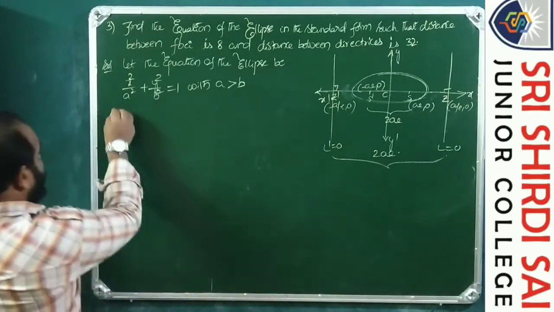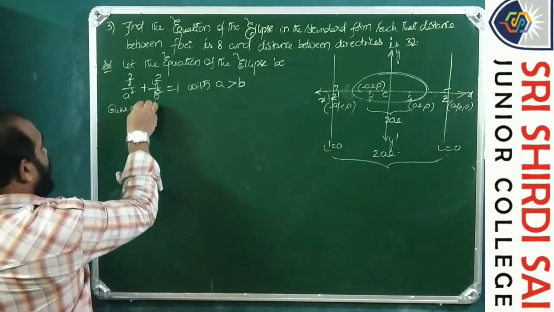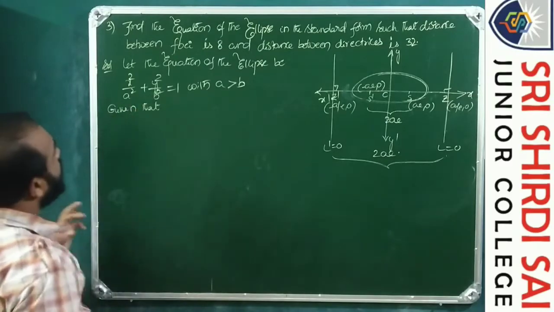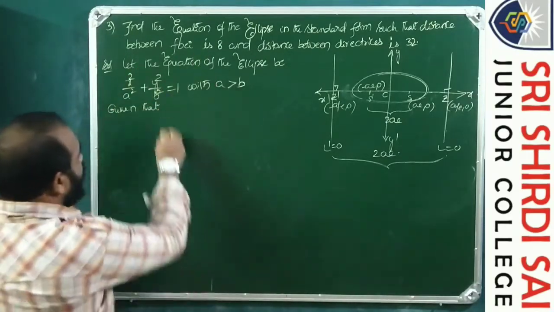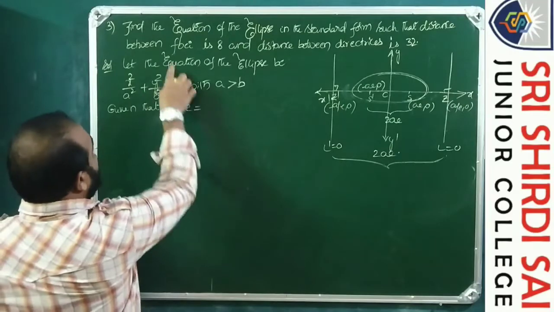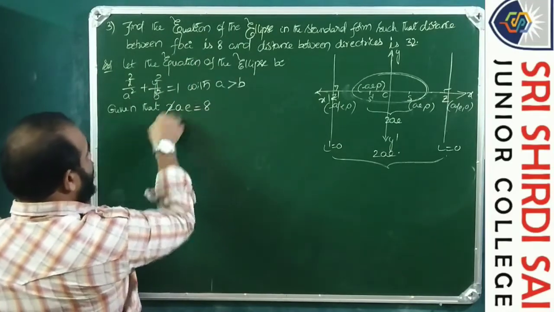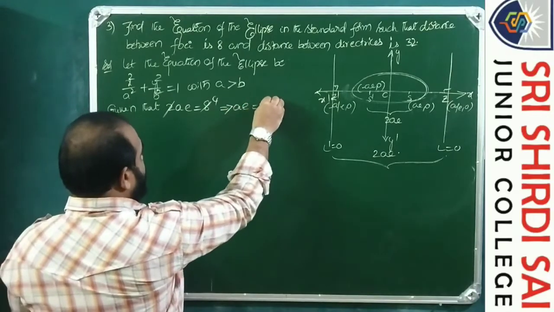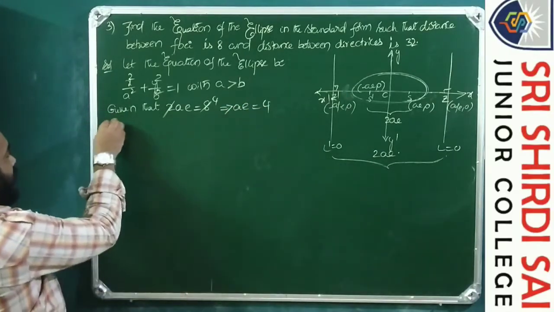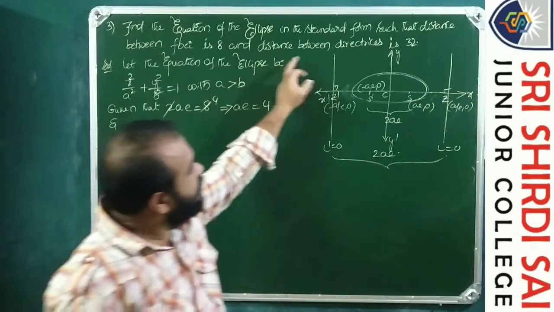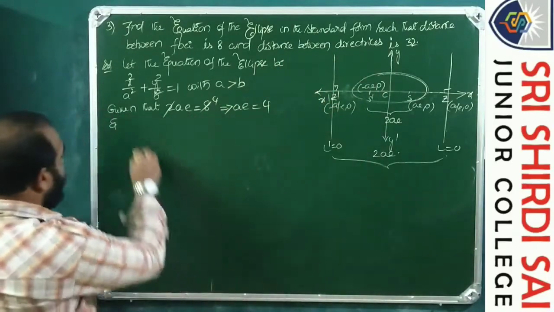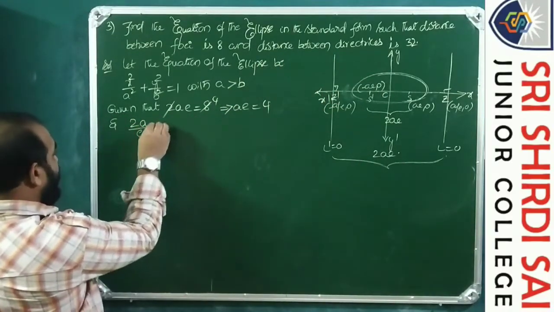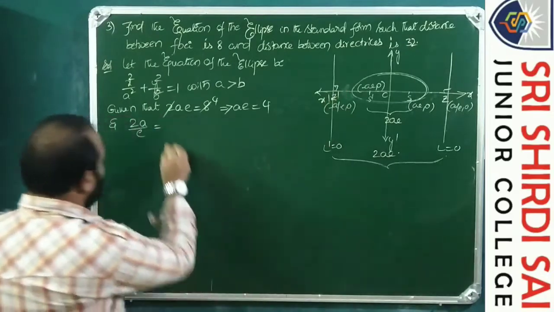So given that distance between the foci is 2AE is equals to 8. From this, 4 times, so AE is equals to 4, and distance between the directrices 2A by E is equals to 32.